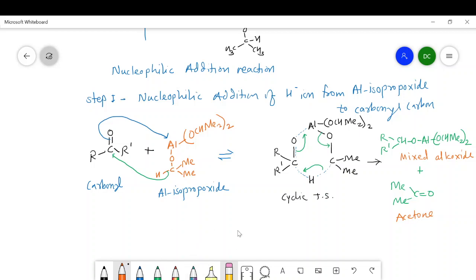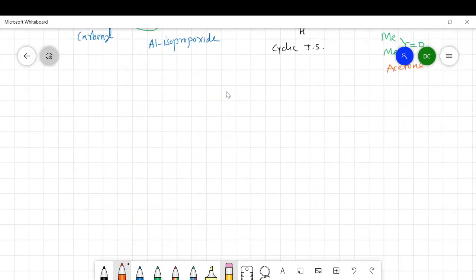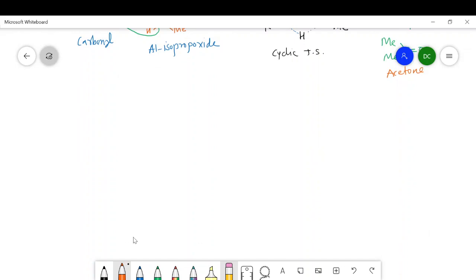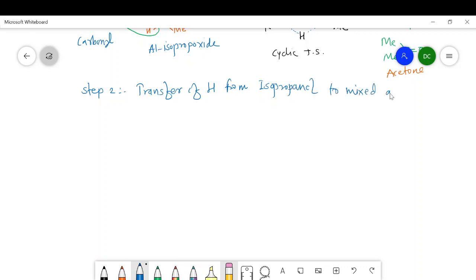So we'll study the second step of this mechanism. In the second step, transfer of hydrogen from isopropanol to mixed alkoxide. It is the second step.